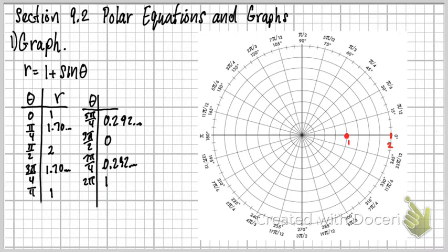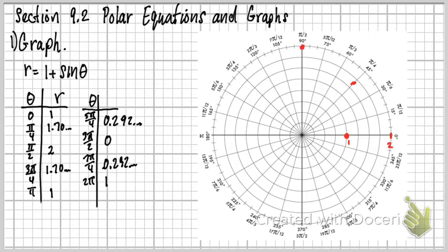Okay, now the next point is going to be at pi fourths, which is here. Okay, and then it's going to be 1.7. So it's going to be almost 2, right? This here would be 1.5, which would be there. Okay, so 1.7 would be just before the 1.75, so it'll be about there. Okay, and then the next one at pi halves, which is here, it's going to be 2, so it'll be up at the top.